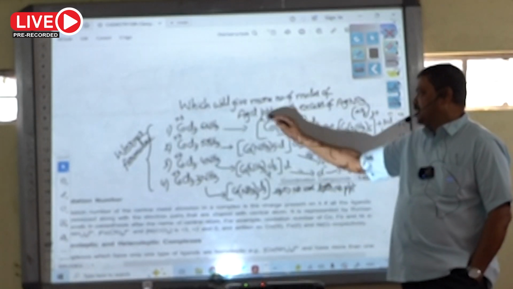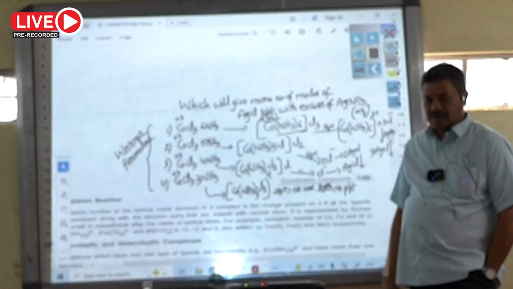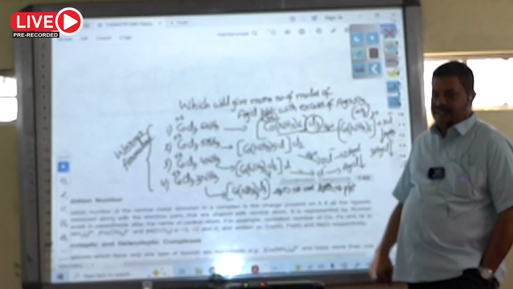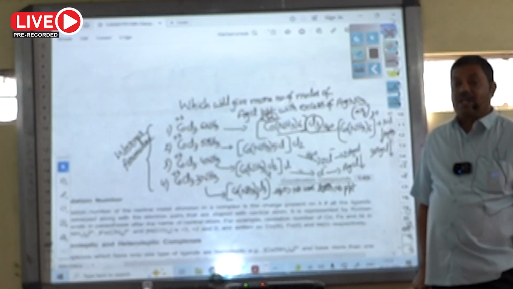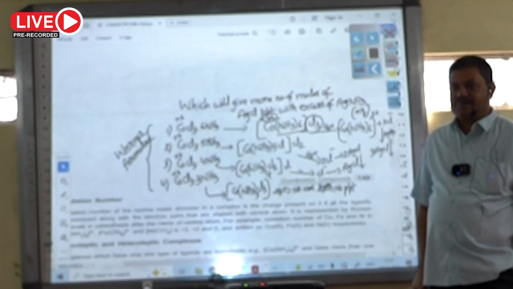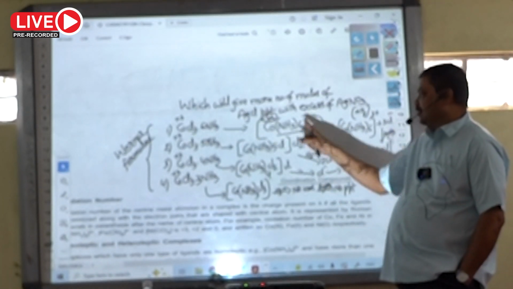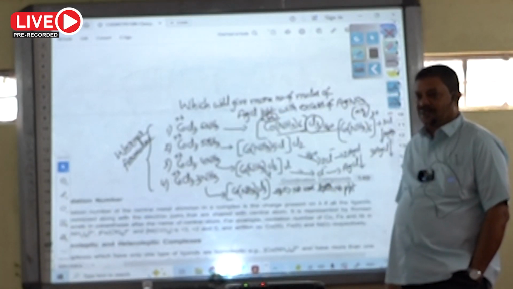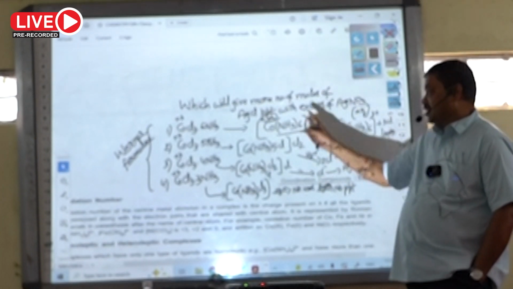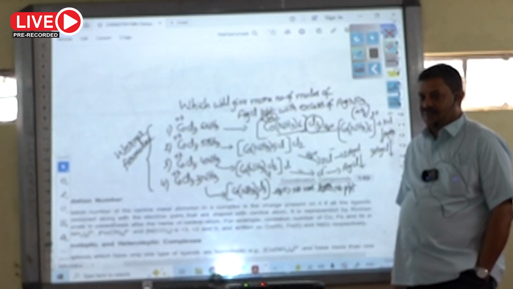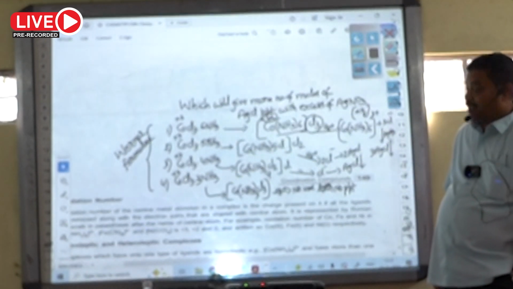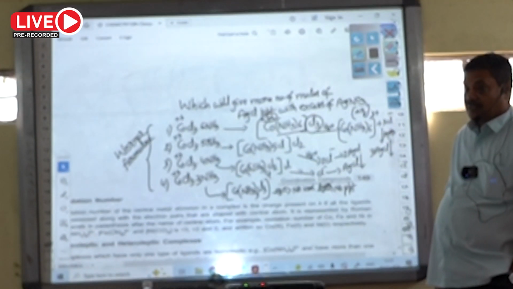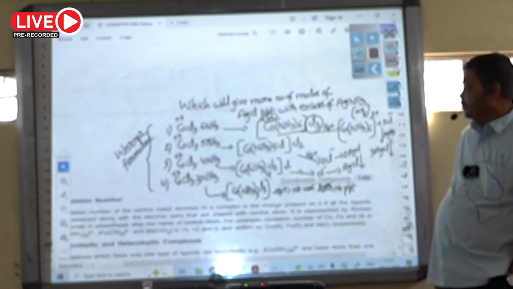To balance the charge of the metal ion, some negative ions will be there. So they are called primary valency. So primary valency always satisfies the oxidation number of the metal ion.